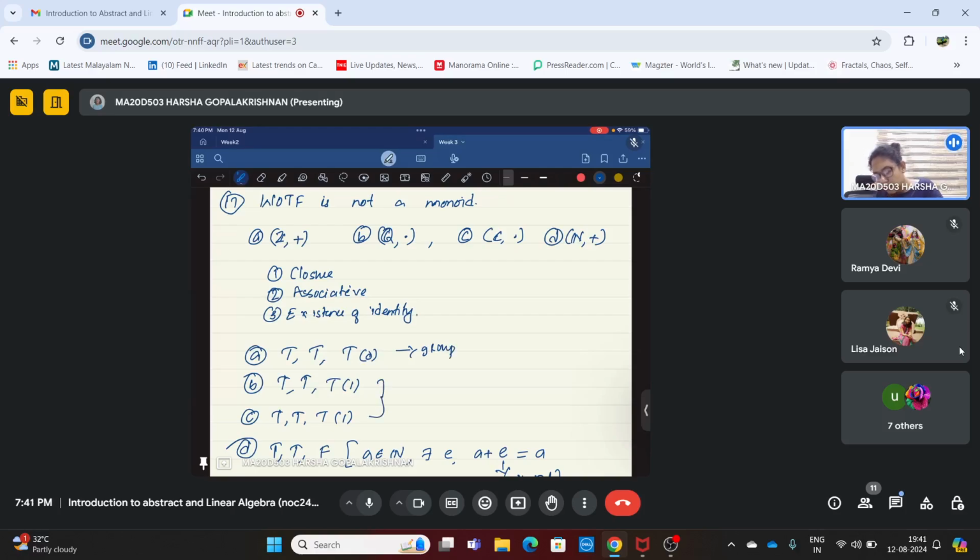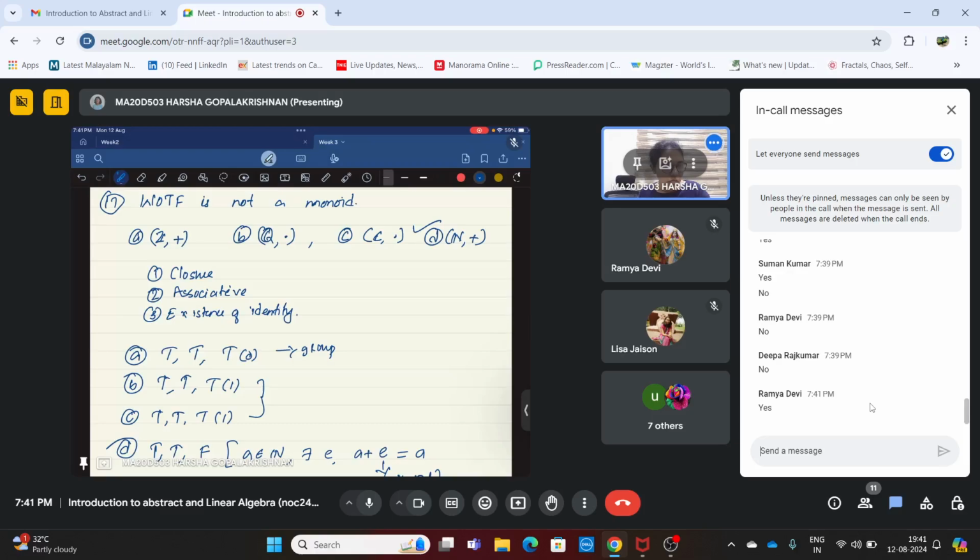These are monoids. Are these groups? Are Q and C groups or not? No. Why is it not a group?